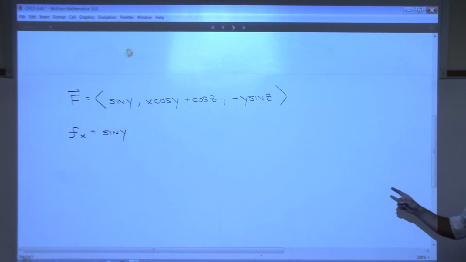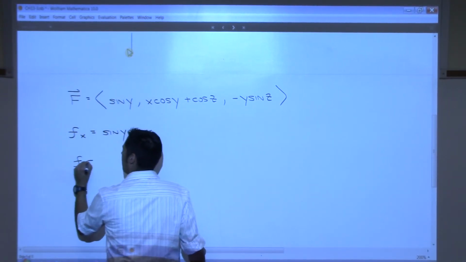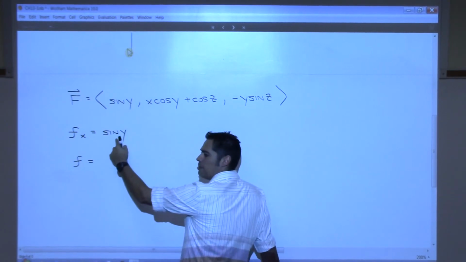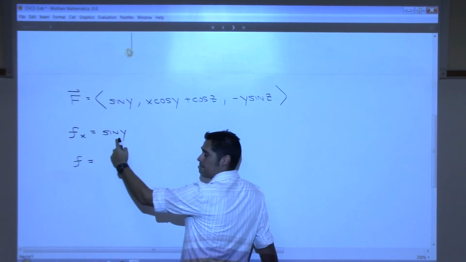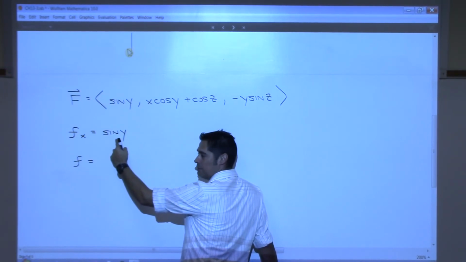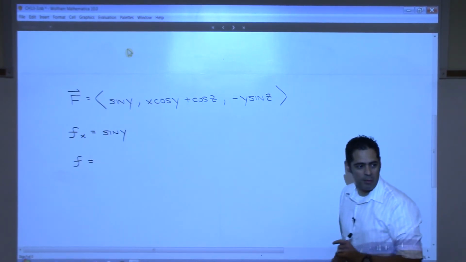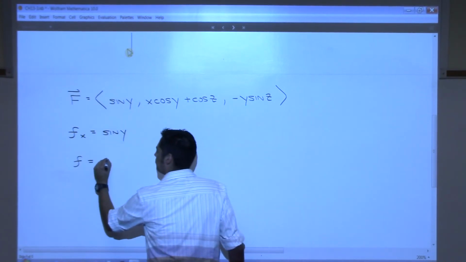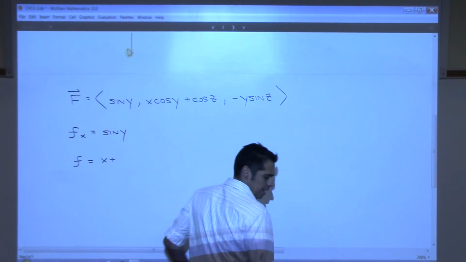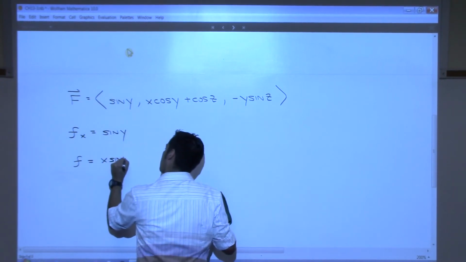Integrate both sides. Little f must be the antiderivative of this with respect to x, right? What is the antiderivative of sine of y with respect to x? X times sine y. Everyone agree?